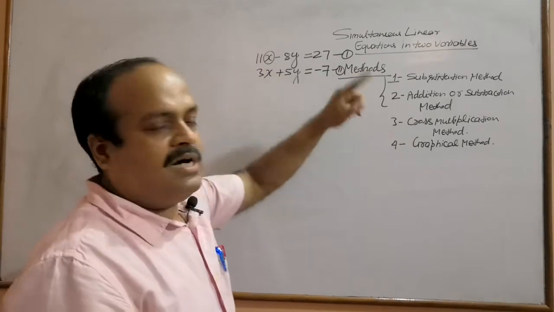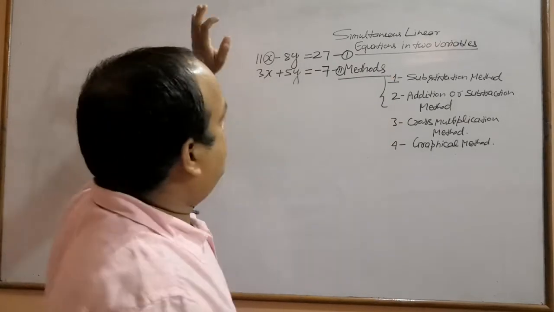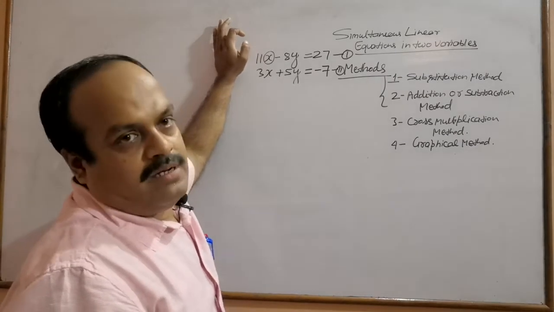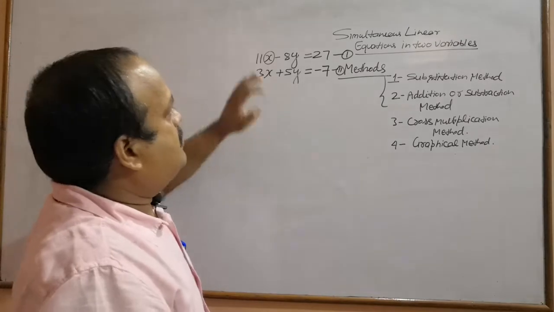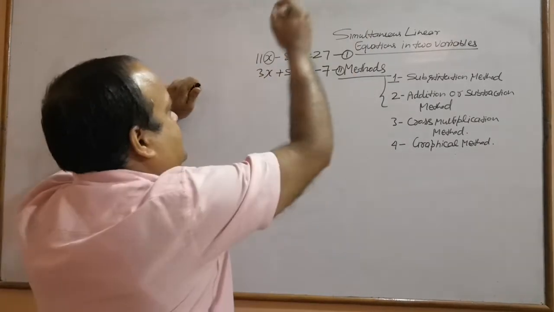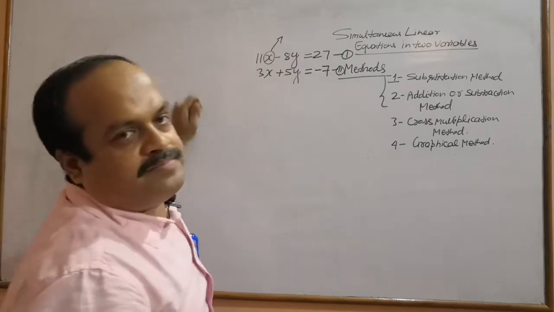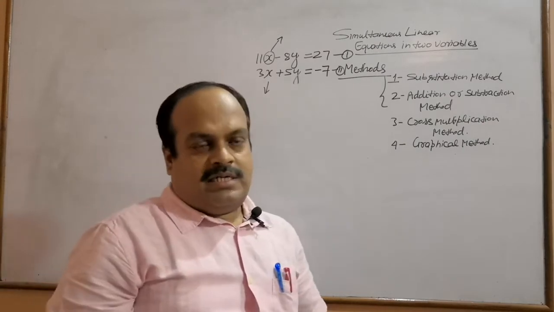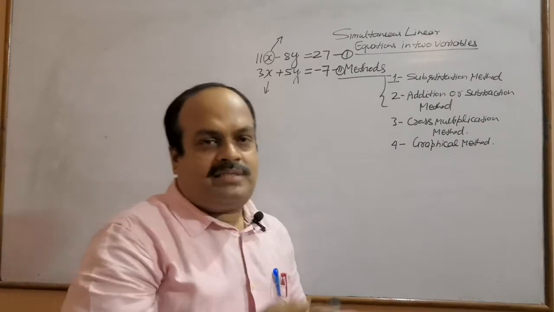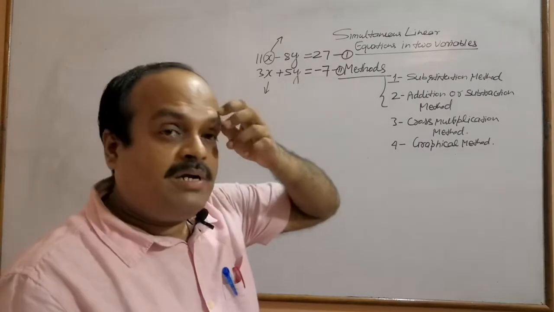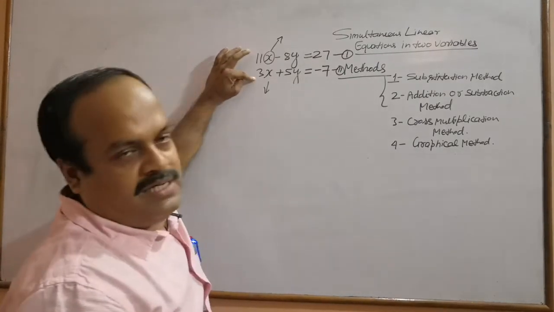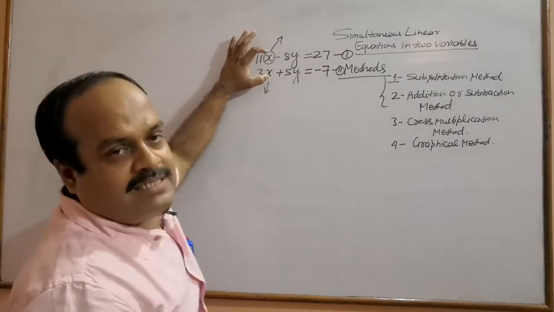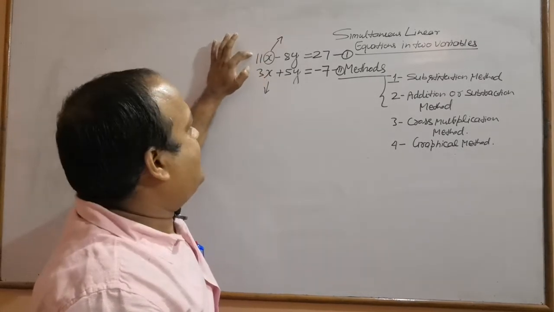But to get the answer, please listen. We first select a variable. Each equation has two variables. So I select this variable x. In both the equations, I see that the numeral coefficients are 11 and 3.